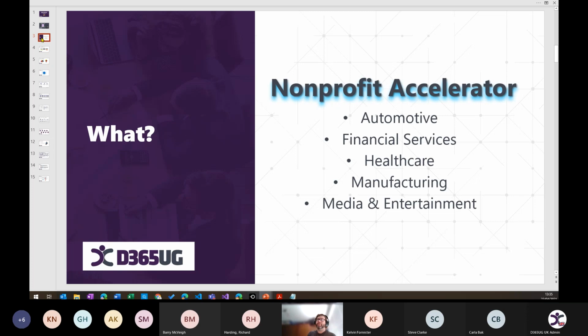If you think of non-profits, which could be charities or maybe membership organizations, you'd always be creating something to handle volunteers, or something to handle donations and gift aid, etc. Eventually it became pretty apparent that we're repeating work, and Microsoft realized that as well. So they wanted to take all the knowledge that had been harnessed by different partners and bring that together into some sort of starting block. This is where the concept of the accelerators came from.